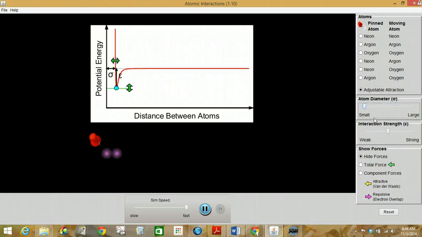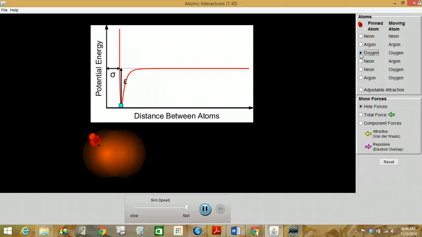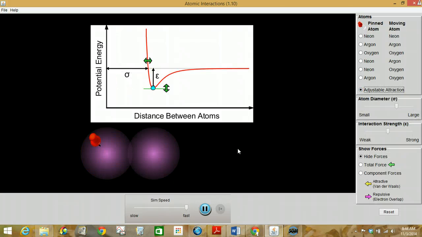So going down to this, and strong versus the oxygen. Right, and then we'll go back to the carbon monoxide.